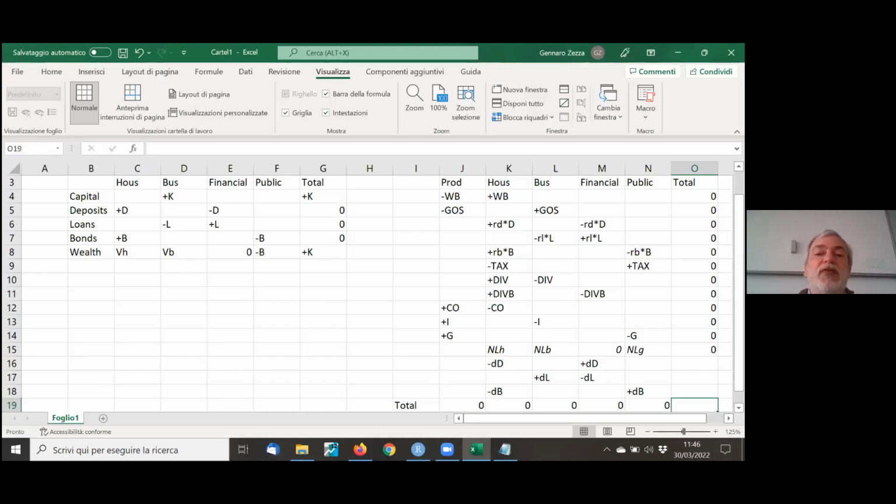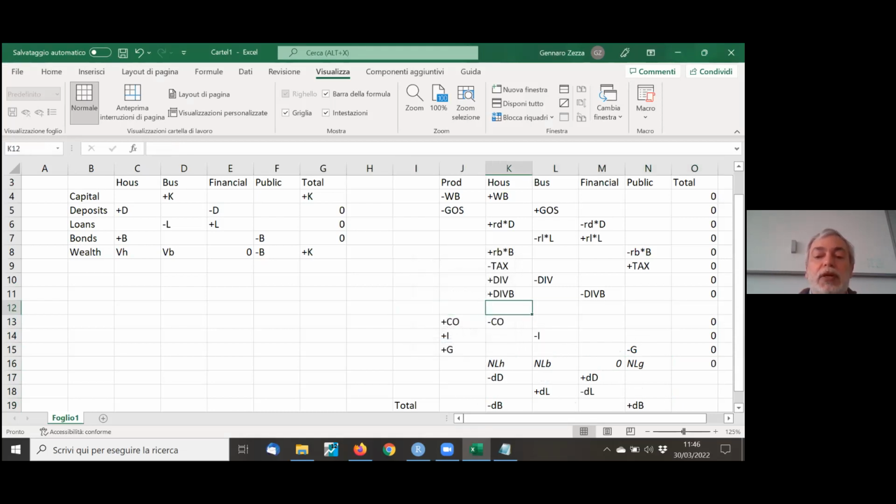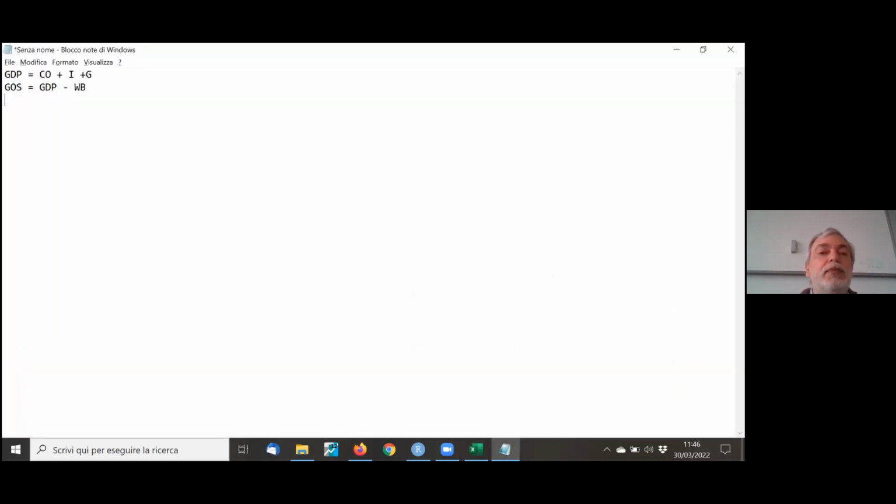Then we need to specify all these interest payments, but we will want to have a measure of disposable income. And disposable income is logically appearing in here as YD of households, and it should be the sum of these components.